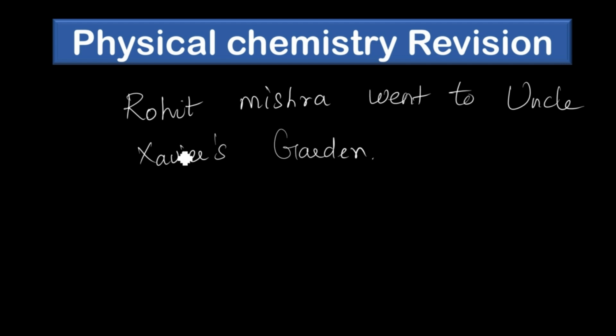So this is the order: radio waves, microwaves, infrared, visible, UV, X for X-rays, Z for gamma. The wavelength increases as we move from here to here, and the frequency is just the opposite. So wavelength is inversely proportional to frequency, right?